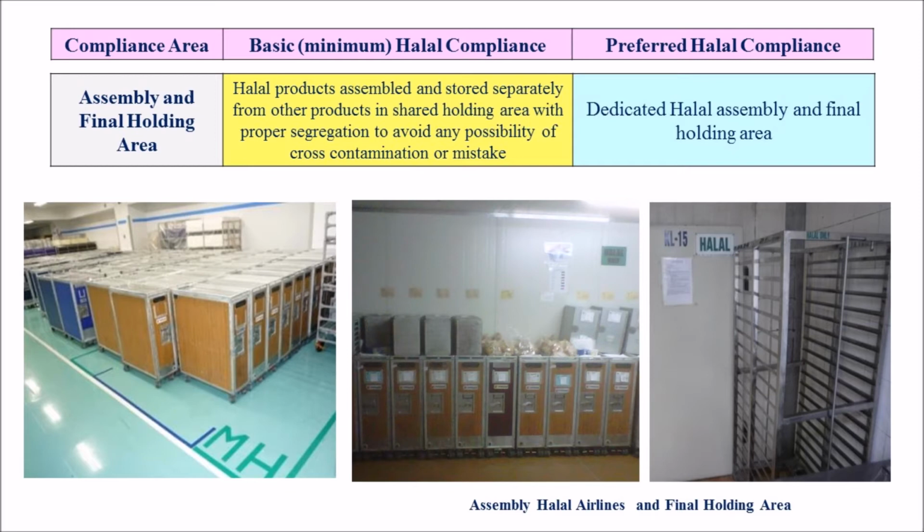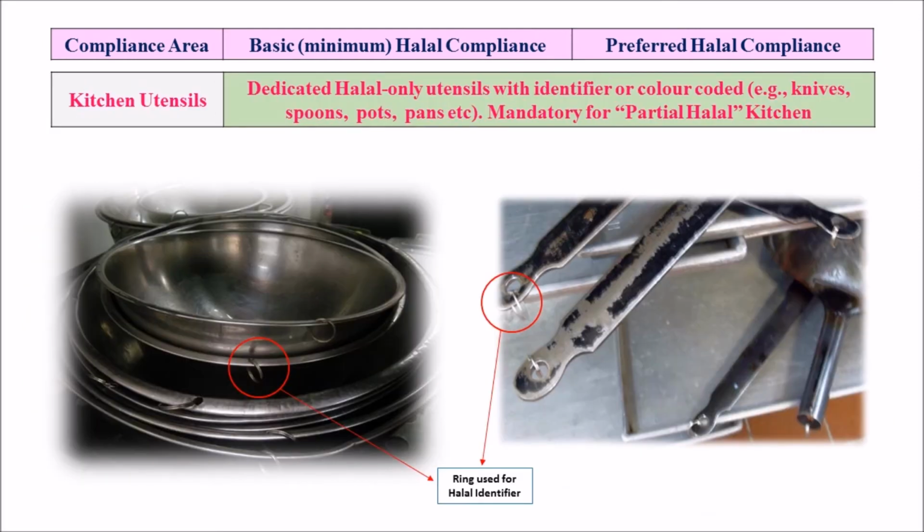For halal airlines, you have a dedicated storage area at the final holding area for assembly before loading to the aircraft. At least halal product is assembled and stored separately from other product in a shared holding area with proper segregation. But a dedicated area for halal only is better.